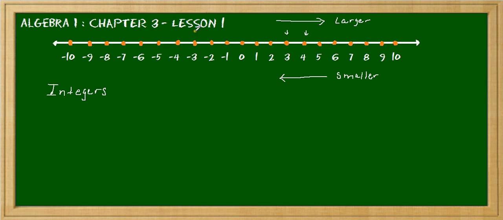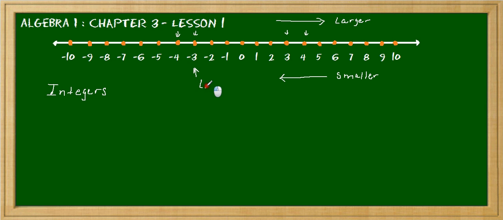So now let's go over here. Now that's interesting because you would say, well, isn't 4 really a bigger number, a larger number? Well, in integers, as we're looking at these and as we're looking at numbers in general, the larger would actually be negative 3 because it's to the right.